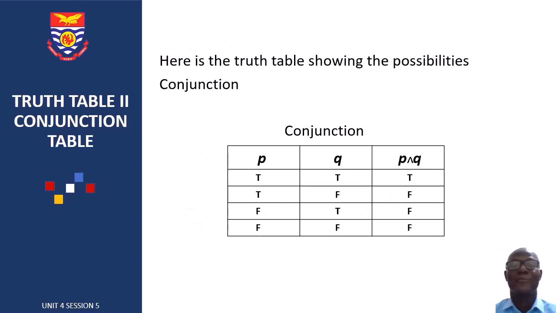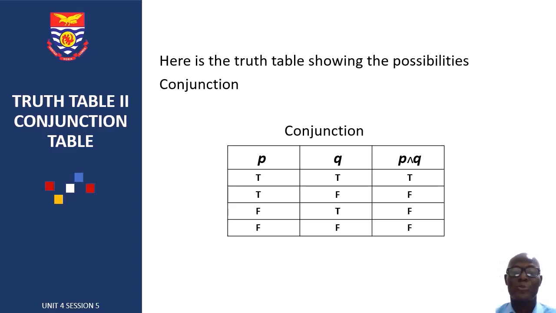Conjunction table. We saw in our previous slide that for conjunction, the combined statement is true if and only if both P and Q are true. So therefore, in the conjunction table, if P is true and Q is true, then the conjunction is true.